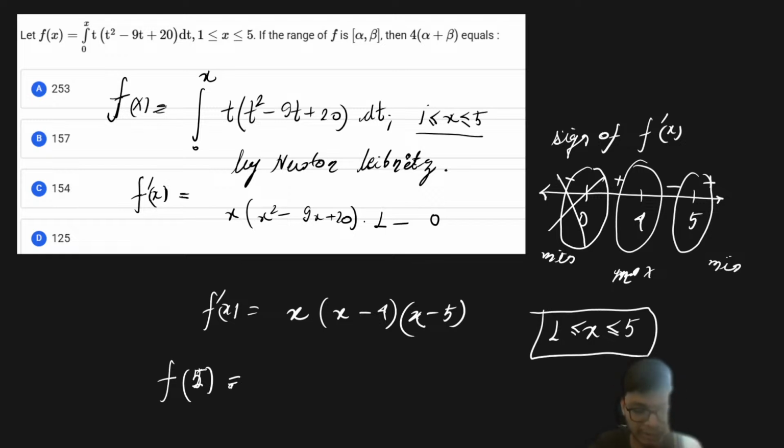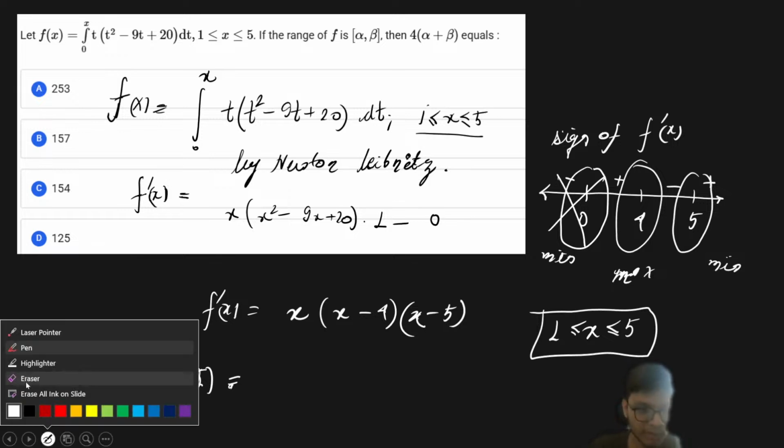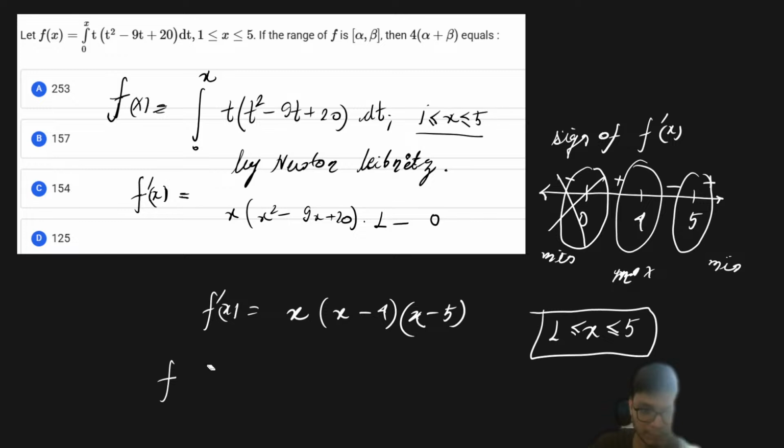So if you try to find the value at f of 5, you can simply integrate this. Let us first of all find out f of 1, okay? Because that is the starting point. So f of 1 we will have it as, now before we proceed with this, because once you have this particular expression, you can always try to integrate it back, right?